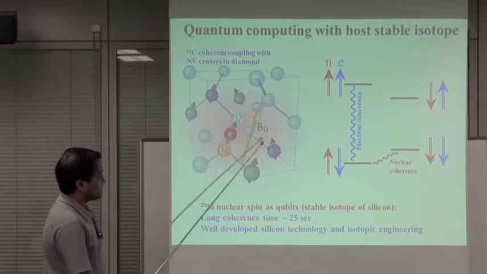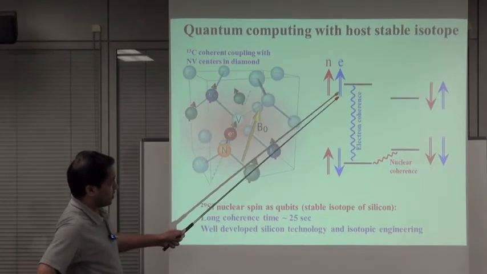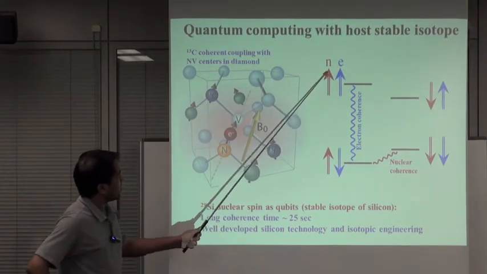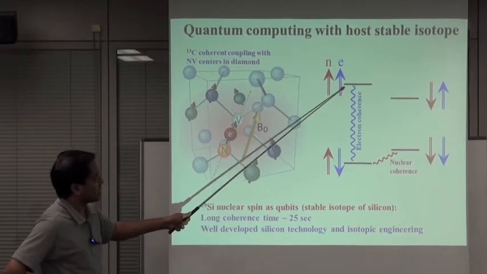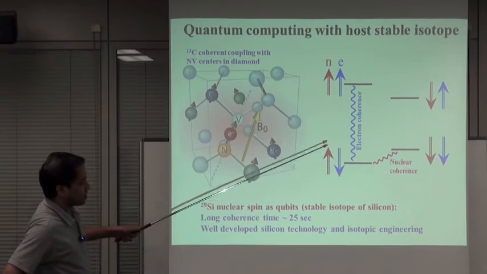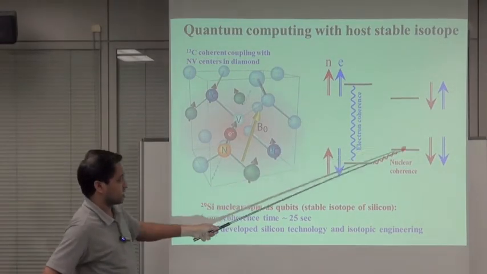When we say an electron spin coupled to a nuclear spin, we will have these Zeeman energy splittings, where this state corresponds to electron spin up and nuclear spin up, and this state corresponds to electron spin down and nuclear spin up, and subsequently for these two states.